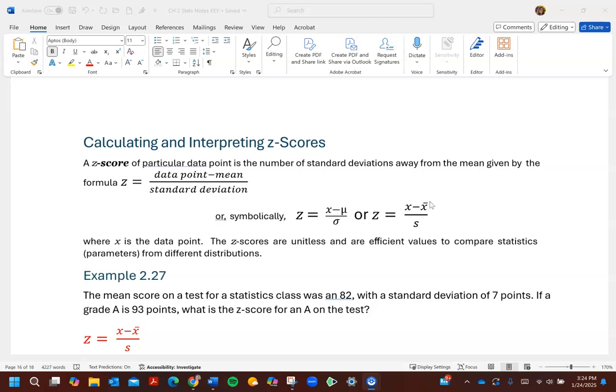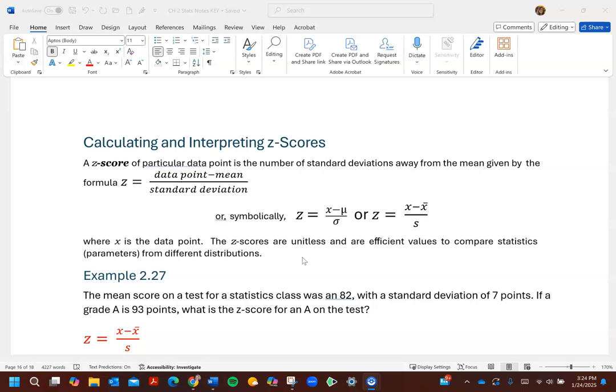So make sure if you are doing this on a calculator, either use parentheses in here or do this subtraction, hit equals, then divide by s. We've got to follow the order of operations properly or it won't come out right. So if you're always getting them wrong, double check that you're entering things correctly in that way. z-scores do not hold the units.